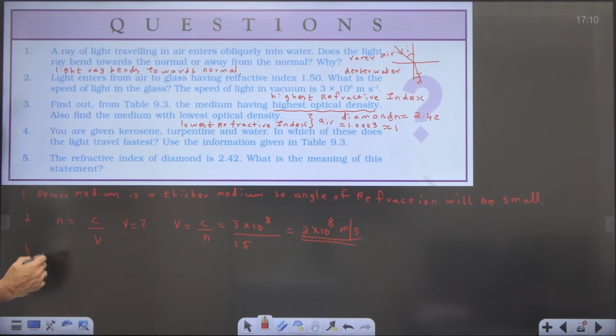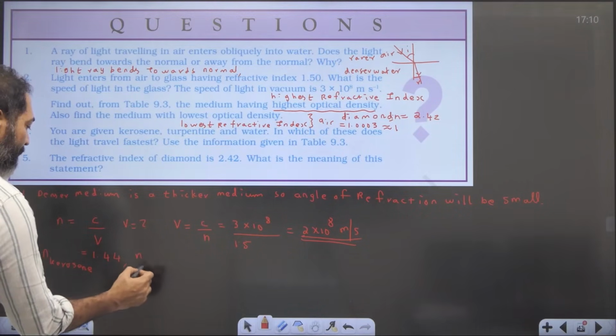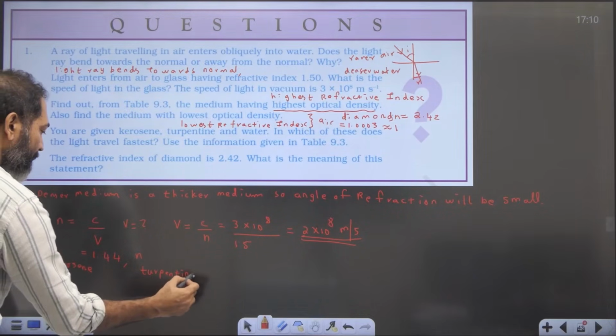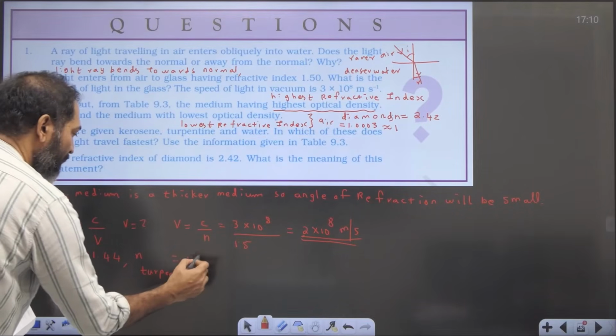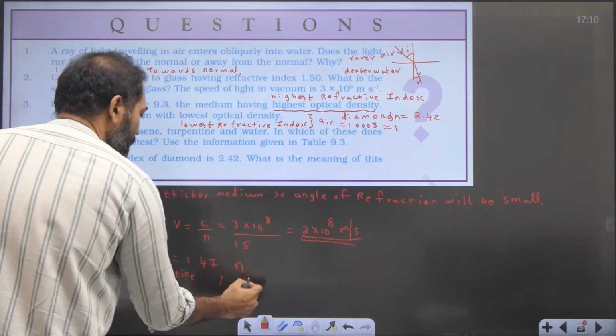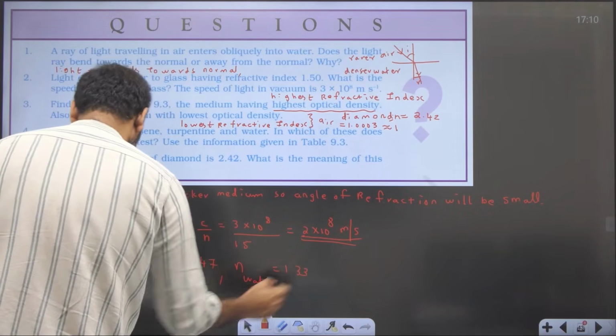Refractive index of kerosene, from the table you should understand that it is 1.44. Then refractive index of turpentine is 1.47. Then refractive index of water is what? 1.33. This you should know.